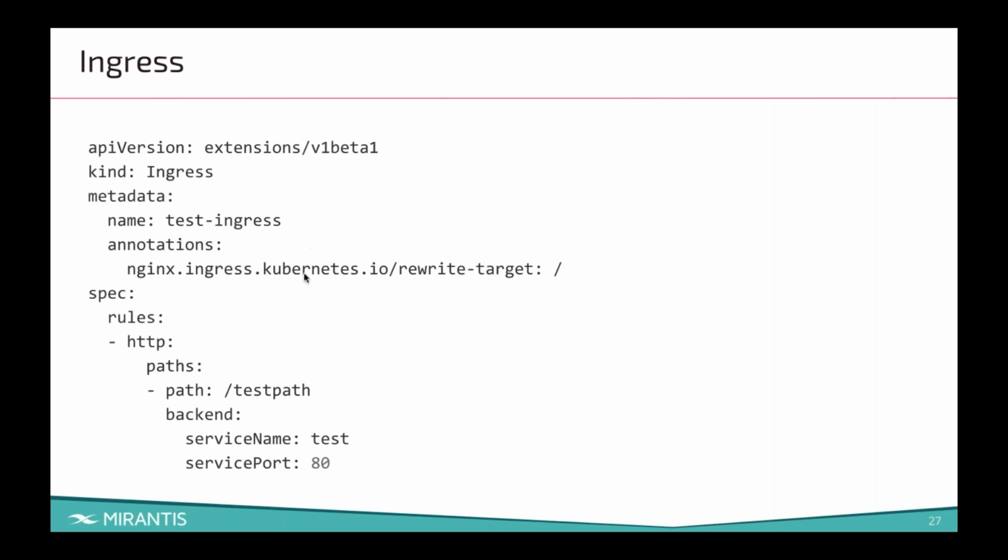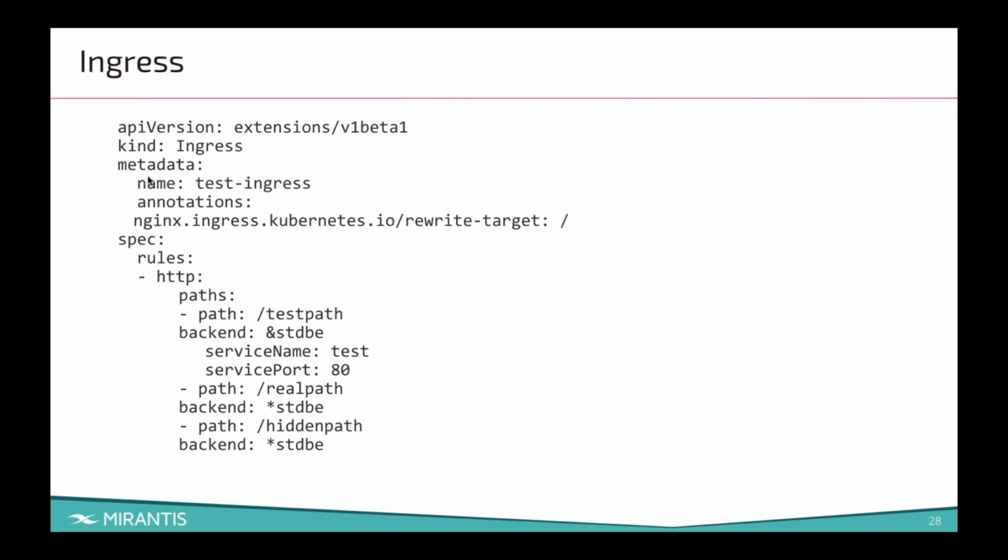Another services related item would be Ingress. So another example here is we've got our rules for the Ingress. For HTTP, we've got our path and the backend for that path.